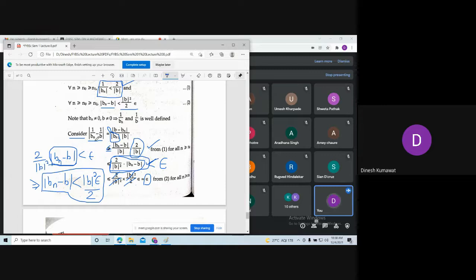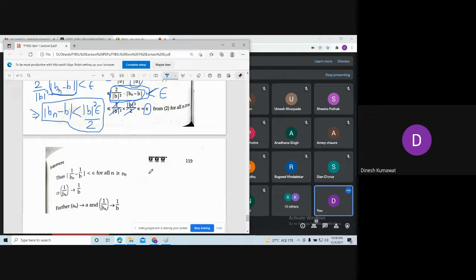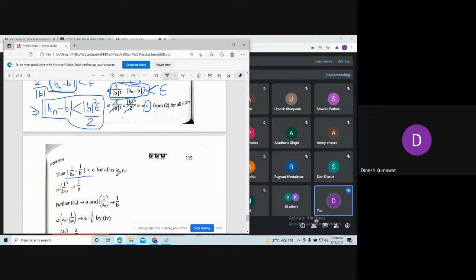So at the end we are having this modulus strictly less than epsilon. So if this modulus is strictly less than epsilon for all n bigger than or equal to n naught, we can conclude that 1 upon bn converges to 1 upon b. Is this clear now? Yes, sir.